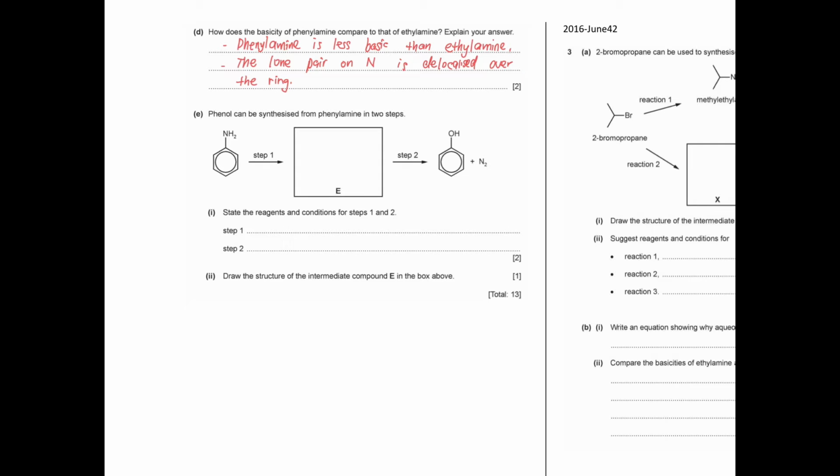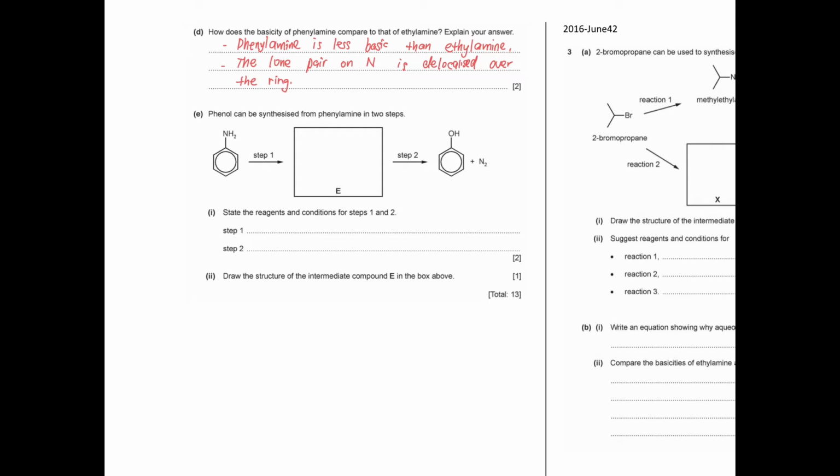In phenylamine, it is just 1 nitrogen. So to form 2 nitrogens, they need to form diazonium salt. So that is the first step.